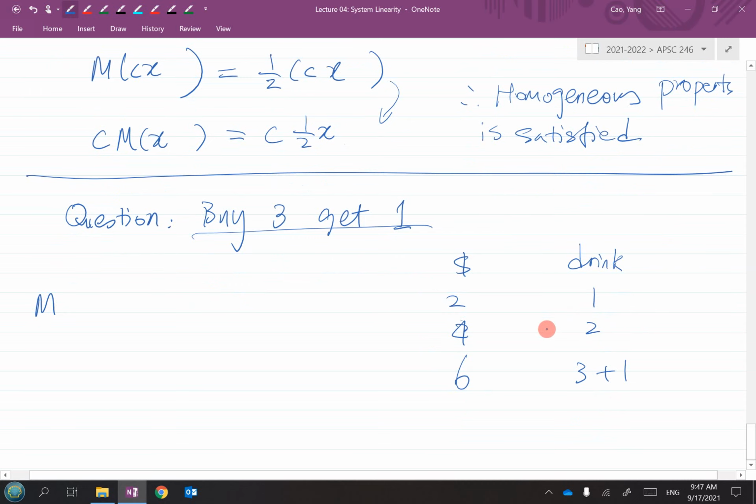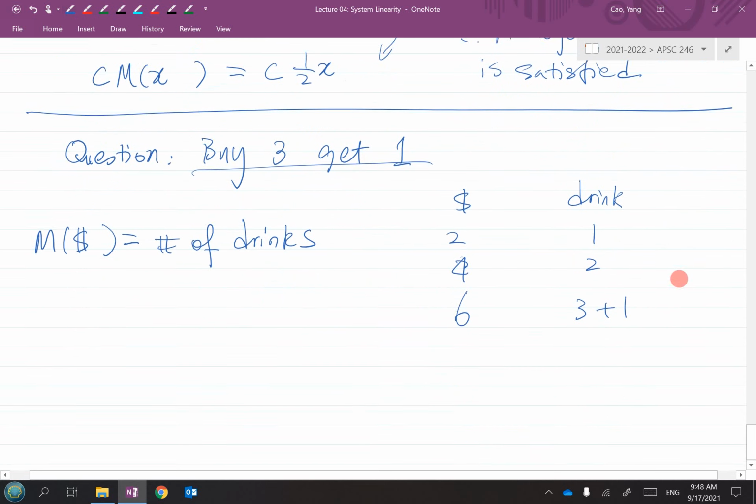It's not like the previous one, y equal to 1/2 x. But I can still use the similar concept to prove the system linear or nonlinear. The concept is very similar: you put $1 into the system, and you get a number of drinks. Good? Okay.